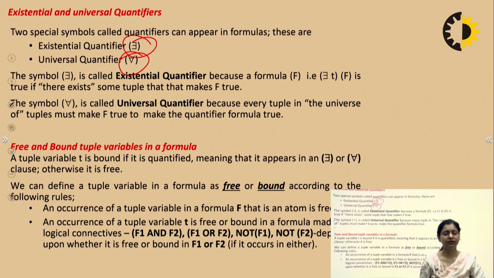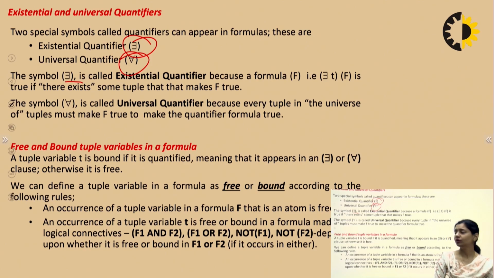Out of the whole set, some of the records follow a particular condition, or make the condition true, and some of the records do not satisfy it. But when we talk about for all, every tuple in that particular relation is considered true. So the symbol there-exists is called the existential quantifier because the formula F, that is there exists t of F, is true if there exist some tuples in the relation that make this formula F true.